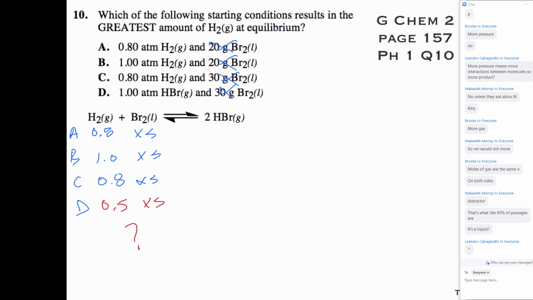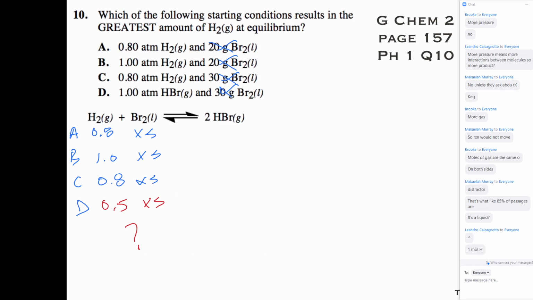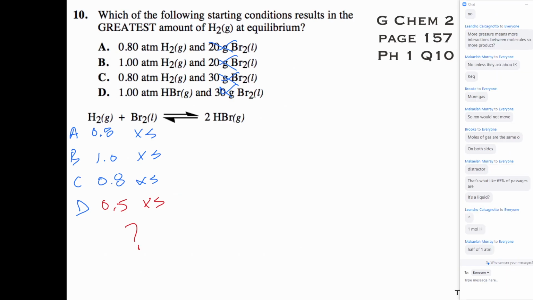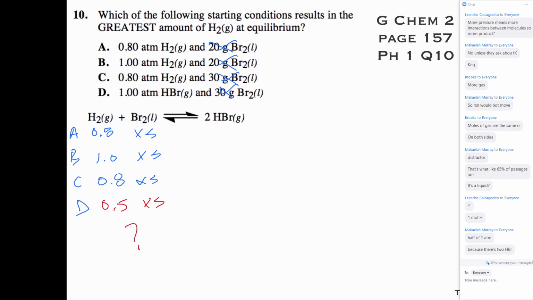Where the heck does that come from? That's kind of weird. Why is it half an atmosphere? Why am I putting that here? Why am I changing this one? Because there's 2 HBr.